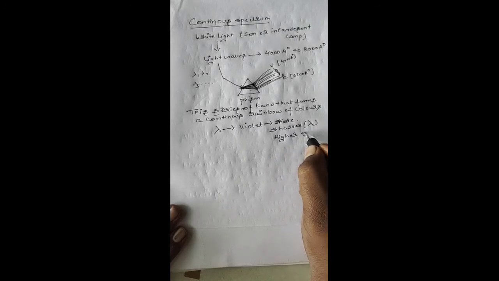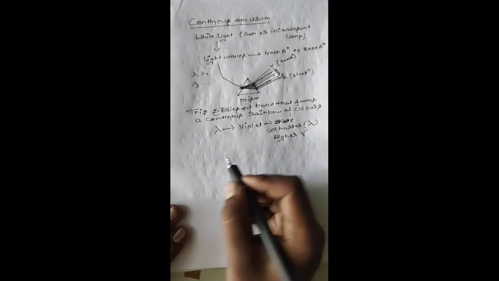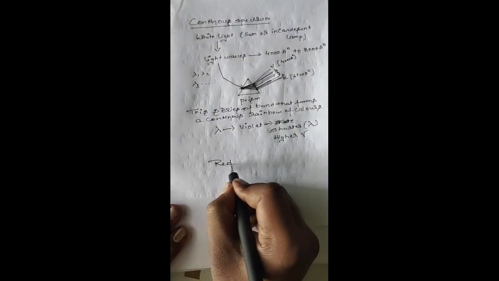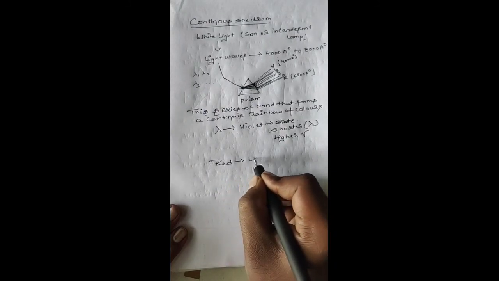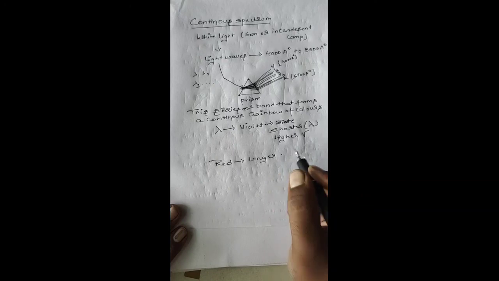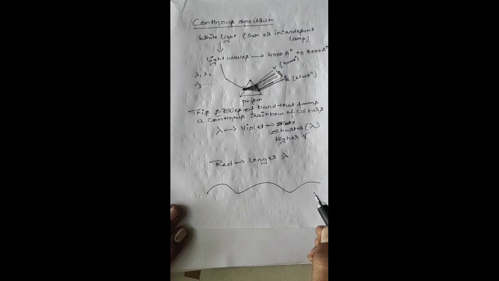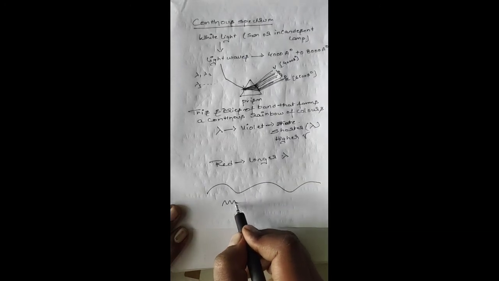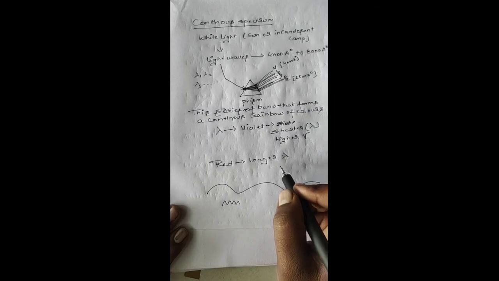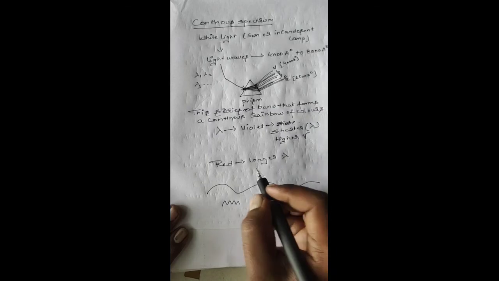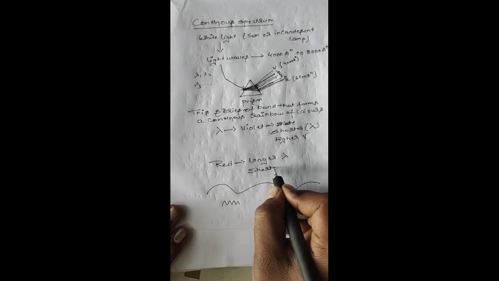Next, at the other end, red has a longer wavelength, and its frequency will be lower. In violet the wavelength is short, in red it is longer. This is the continuous spectrum. Next we are going to study about atomic spectrum.